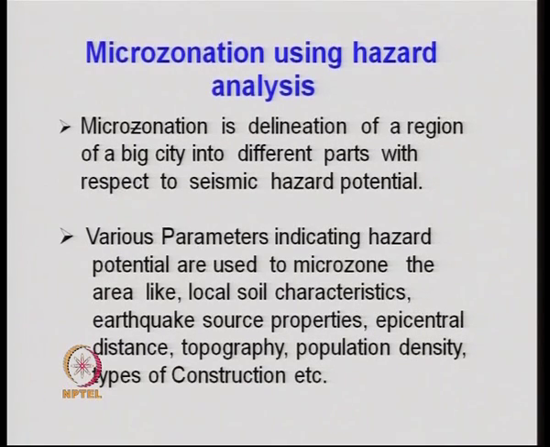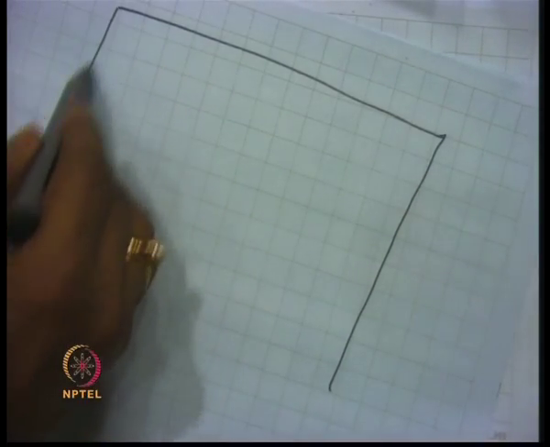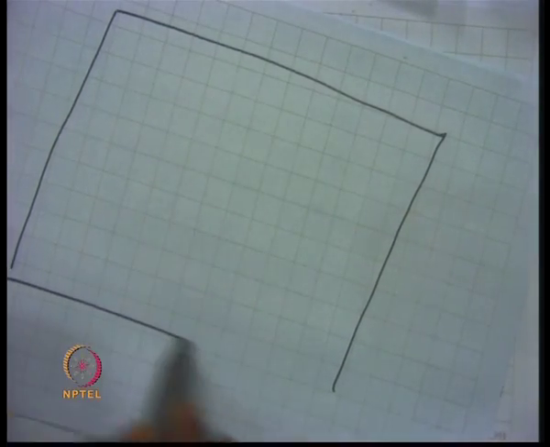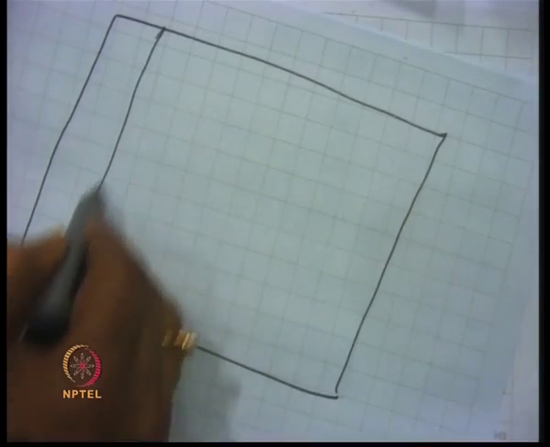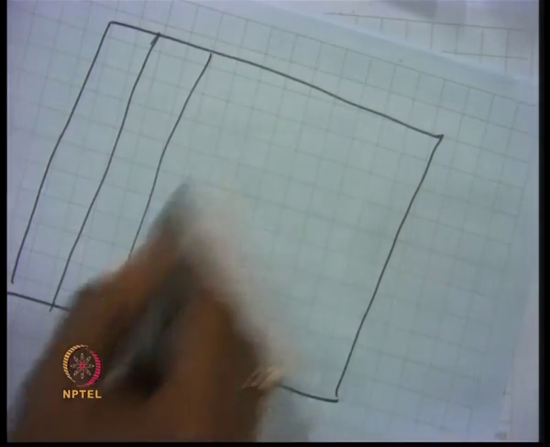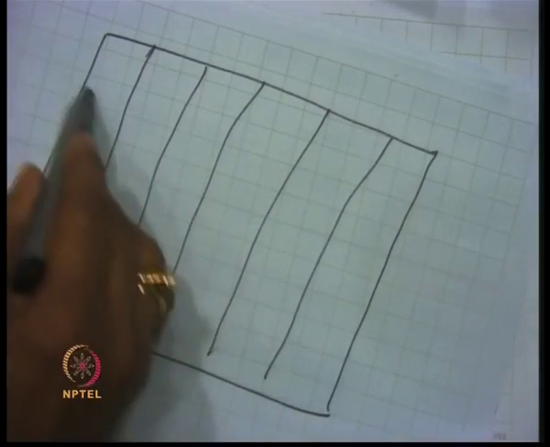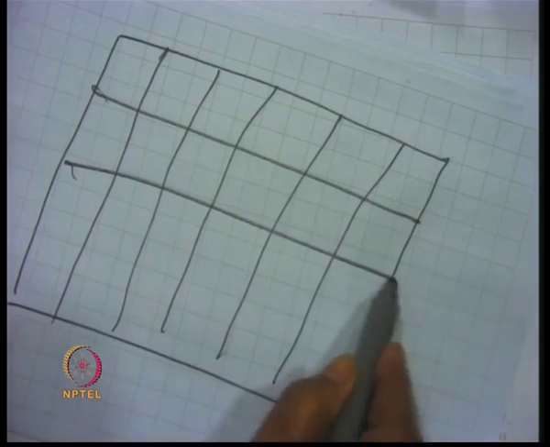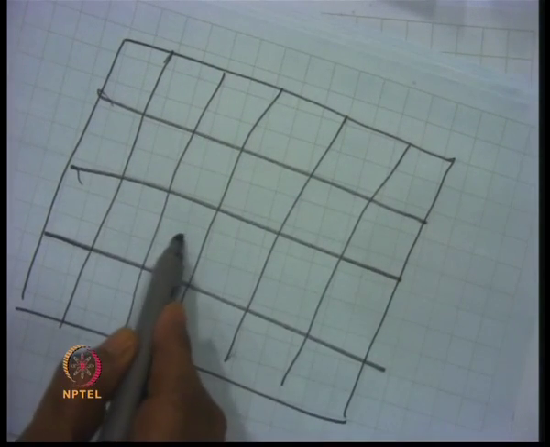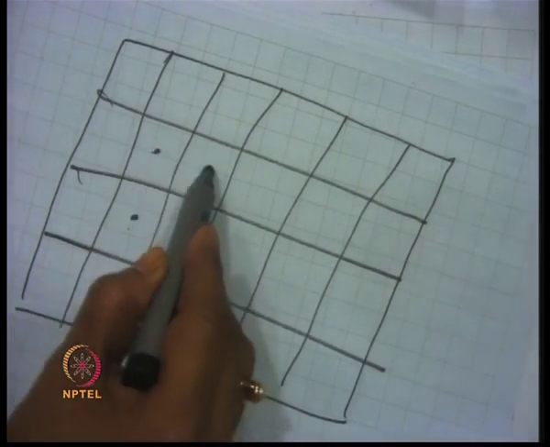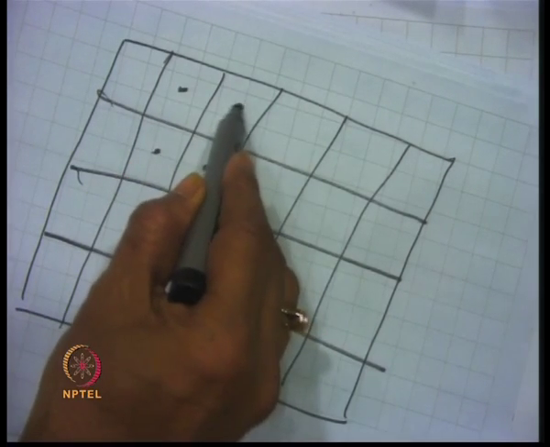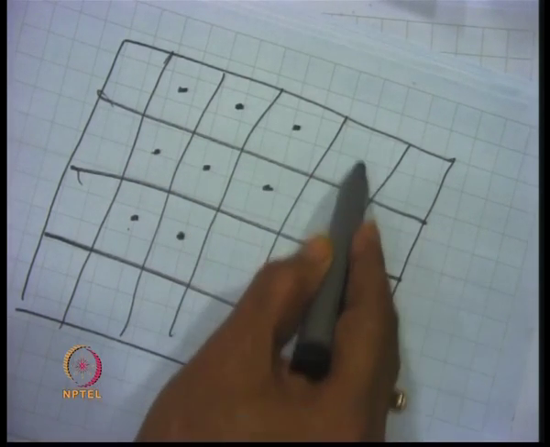The concept is like this. Say we take a city or a metropolitan area and divide it into a number of sub areas. The centers of the sub areas are the points in question.